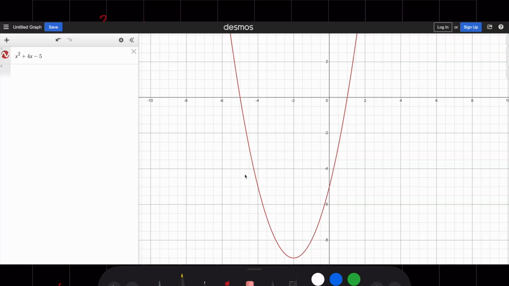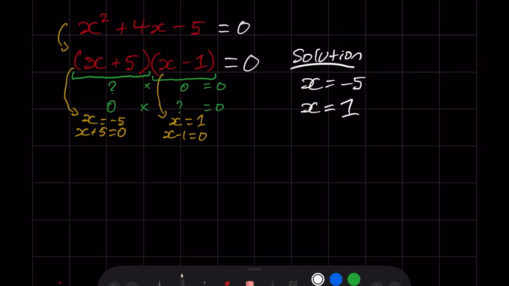Once again, if we look over to my Desmos screen, x squared plus 4x take 5: this is our graph. It comes all the way down, passes through the x-intercept, has a minimum, and then goes up through the y-intercept and through the x-intercept again. These points where it passes through the x-axis are at x equals negative 5 and x equals positive 1, exactly what we found in our solution on paper.